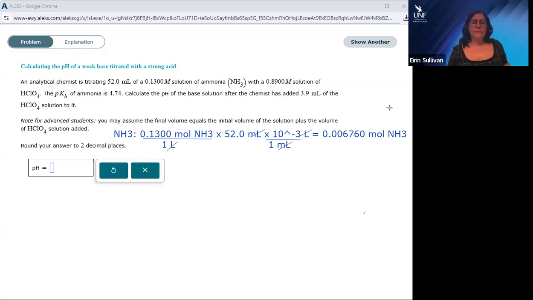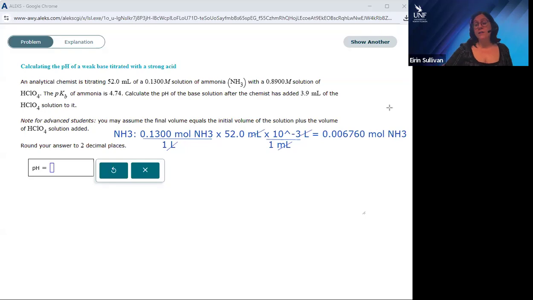If we've added exactly the same number of moles of acid as moles of base, then we've completely neutralized it. Because this is a weak base, we're then looking at the conjugate acid reacting with water, the hydrolysis of the conjugate acid. That would mean we'd need to do an ICE table to work out the pH.